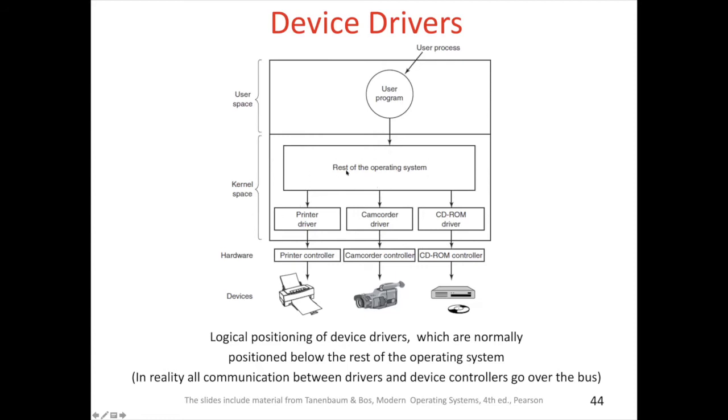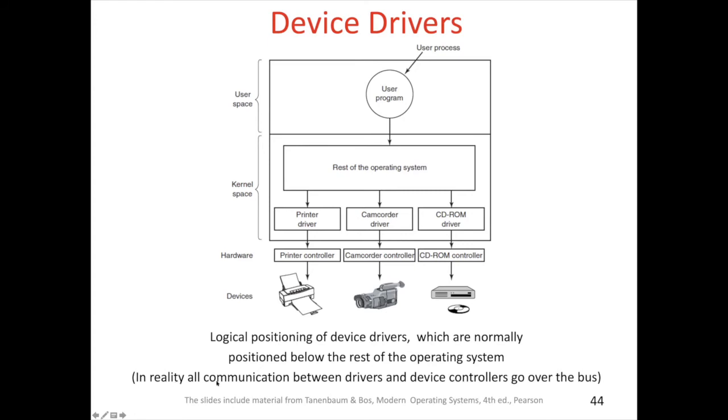There we have the rest of the operating system, and inside we have printer driver, camcorder driver, for example, and CD-ROM driver. And they call the controllers for the hardware, which are, for example, printer controller, camcorder controller, CD-ROM controller.